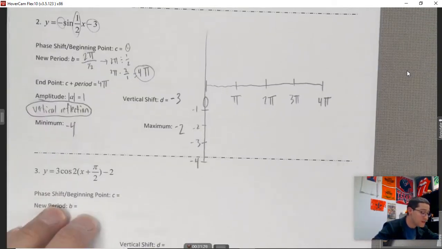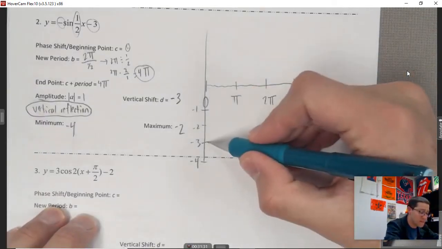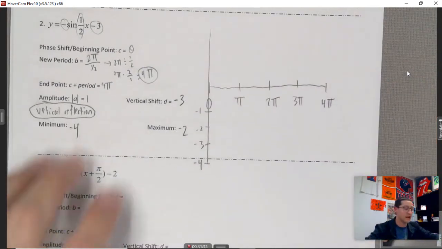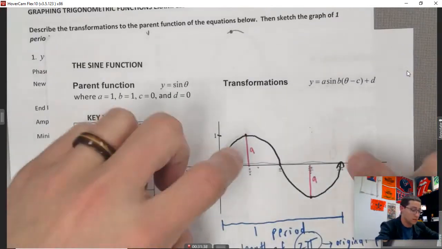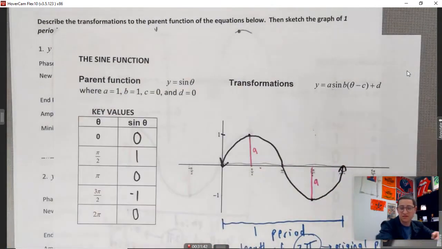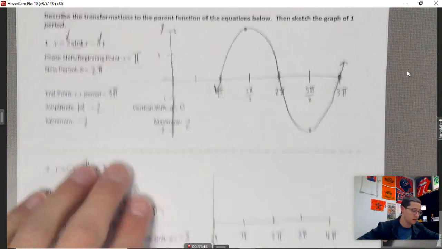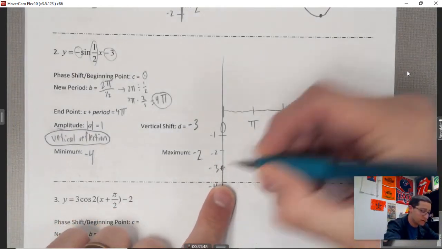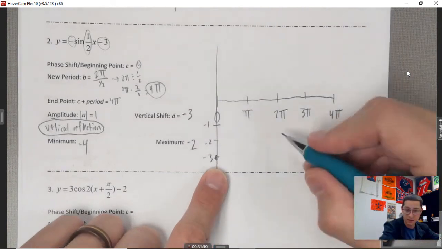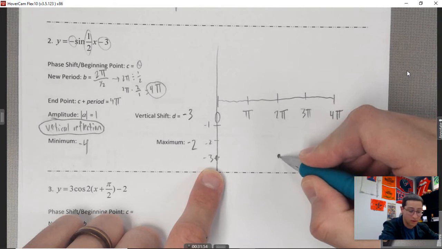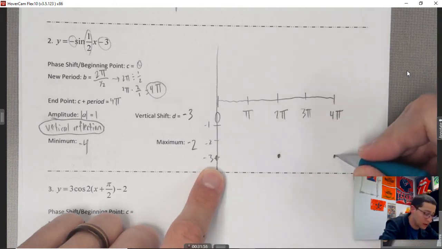That midway point, I like to think about as an anchor. We're taking this line and shifting it down 3, and then everything else changes from there. So we've got this negative 3. That's going to be a 0 value, and let's get the rest of my 0 values: the 2 pi, and then here.